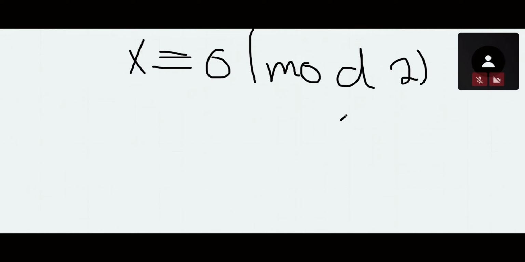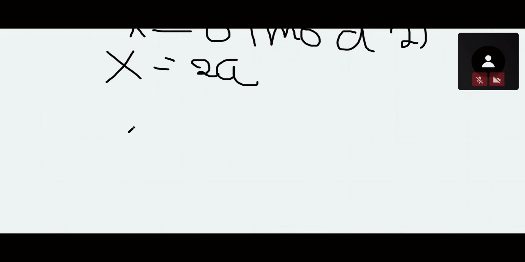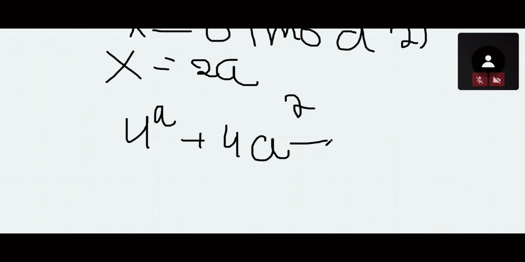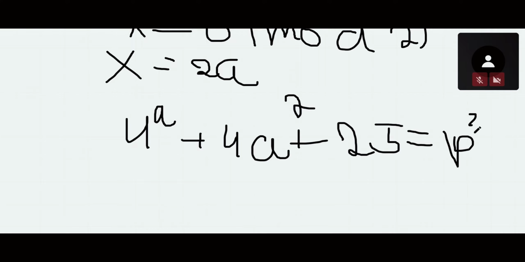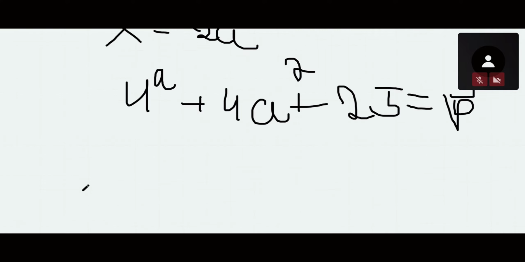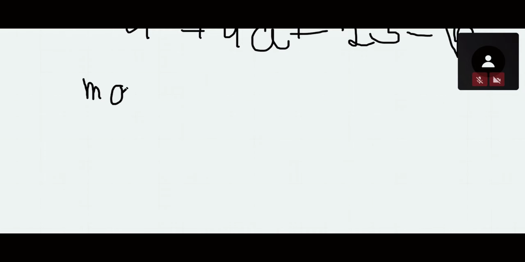Okay, let's replace x with 2a. What does it make? 4 to the power of a plus 4a squared plus 25, which is equal to p cubed. Then let's look at mod 3.